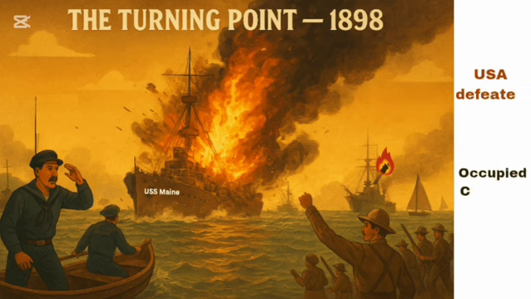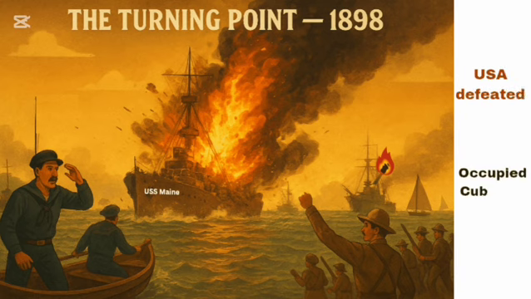The turning point. In 1898, the American battleship USS Maine exploded in Havana Harbor, killing over 250 soldiers. The cause was never proven, but the United States of America blamed Spain and declared war. By the end of that year, Spain was defeated.